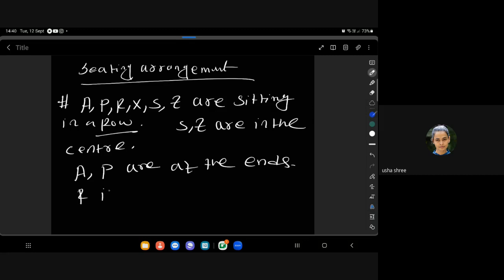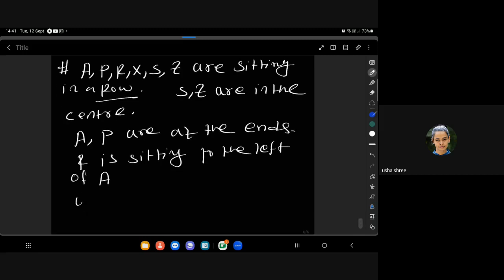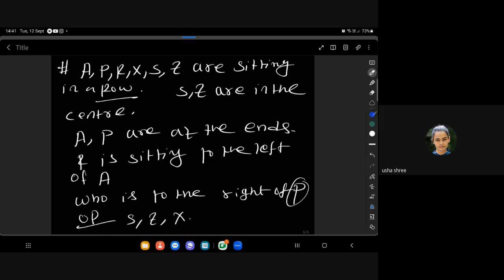Next information, R is sitting to the left of A. The question is, who is to the right of P? Options are X, S, Z, X, and none. Now try to understand the problem and then try to solve it.